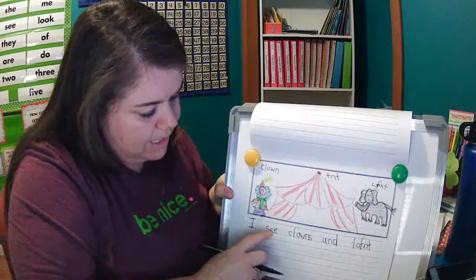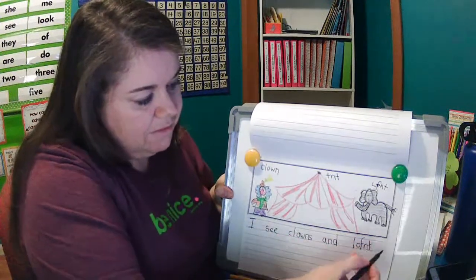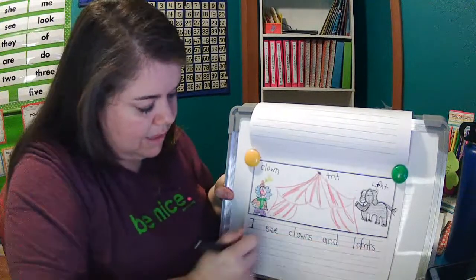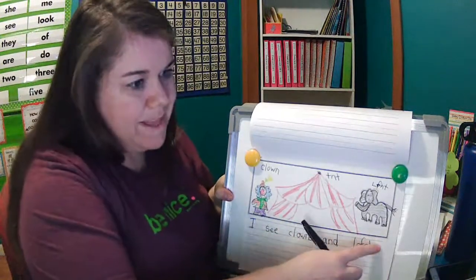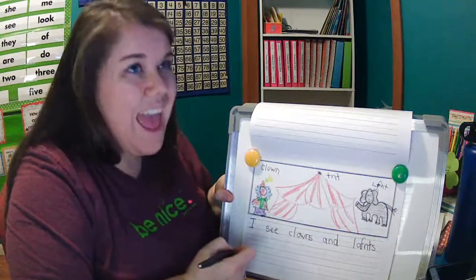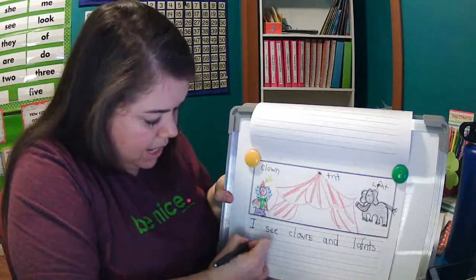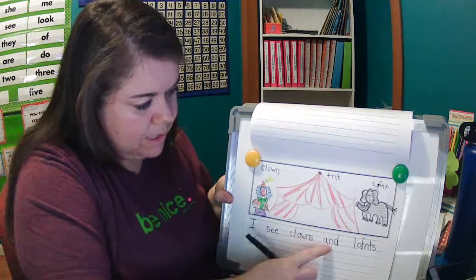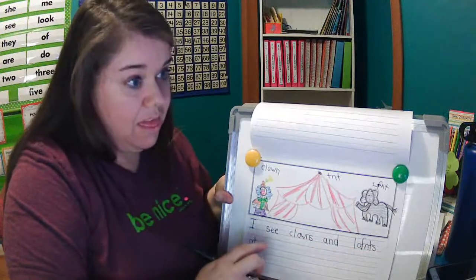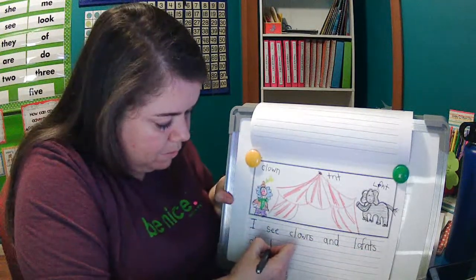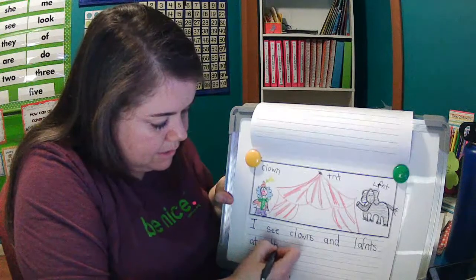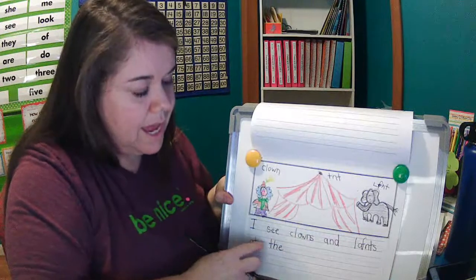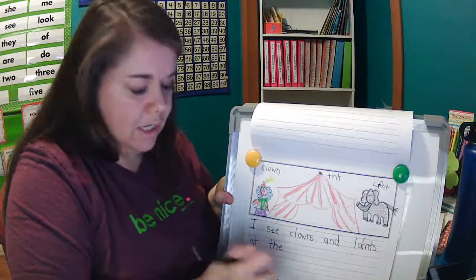I see clowns and elephants. I need an S on there. I see clowns and elephants, no, I'm at the end of the line, so I got to come down here. At, a, I see clowns and elephants at the, oop, that's a sight word. I can check my word wall. At the, I see clowns and elephants at the circus.